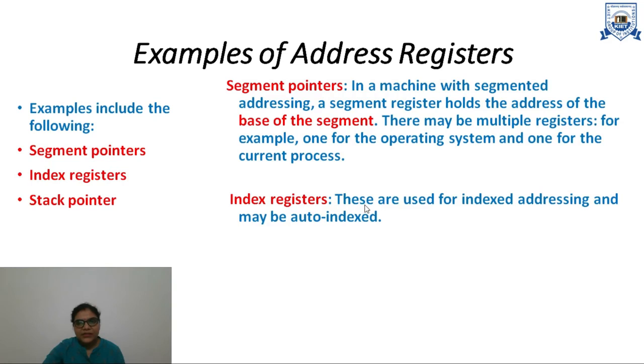So index registers are used for indexed addressing and maybe auto indexing. When you use arrays and you use increment or decrement, auto increment can be there, auto decrement can be there. Then these registers may be auto indexed.